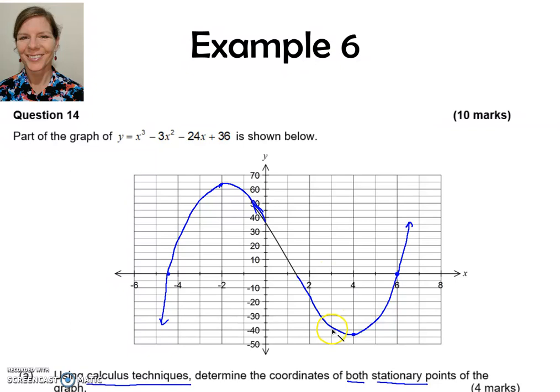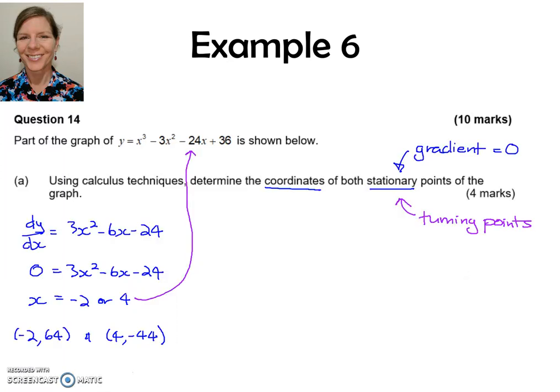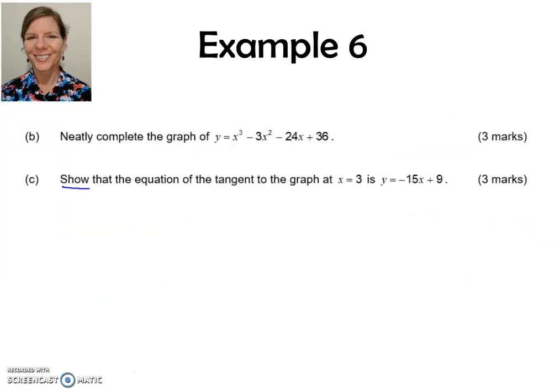So we're down here, looking like something like that, roughly. And we're trying to show that the equation of that line is as given. So we need to find out the gradient, firstly. We know dy/dx, again, was 3x squared minus 6x minus 24.